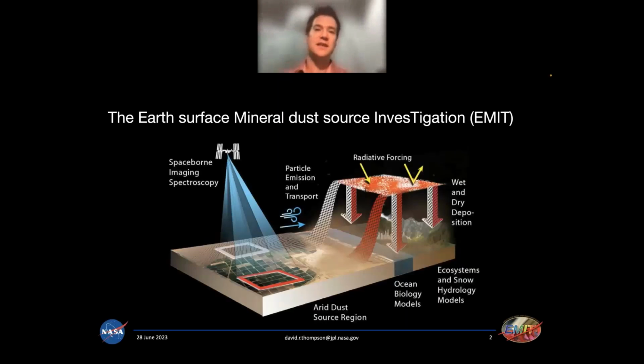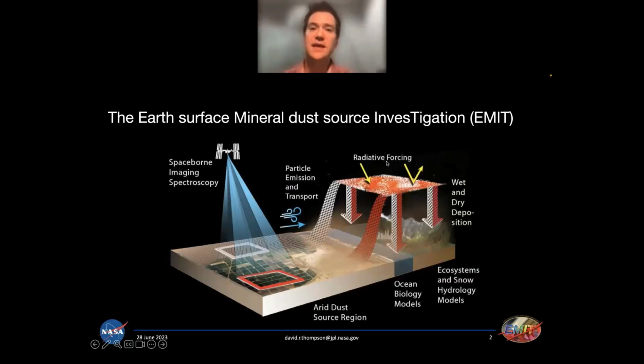So instead of just getting a snapshot of what dust in the atmosphere is doing at any particular time or weather event, we're aiming for a process level understanding, which really starts with the mineral composition of these dust forming regions. We'll be providing those mineral maps to Earth system models that can then predict what the consequent composition of dust eroded from those areas will be, and whether it's a net warming or cooling agent, its radiative forcing impact on the climate system.